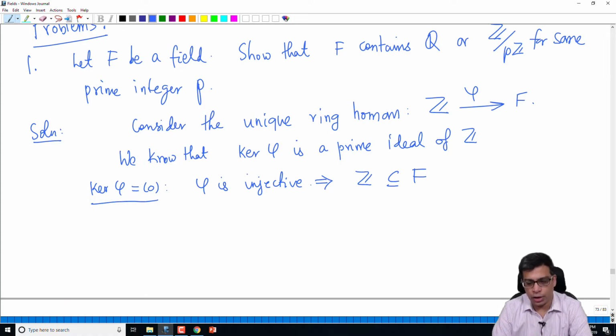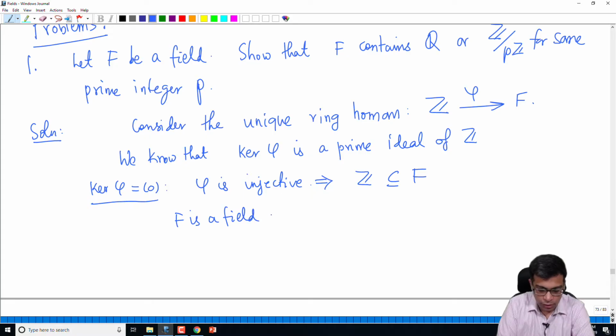But how can you get Q then? Because F is a field, every non-zero integer n has an inverse in F. So Q itself is contained in F, because 1 by n is there for all non-zero n.